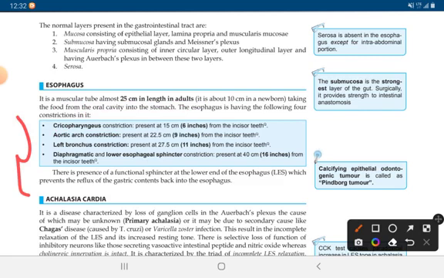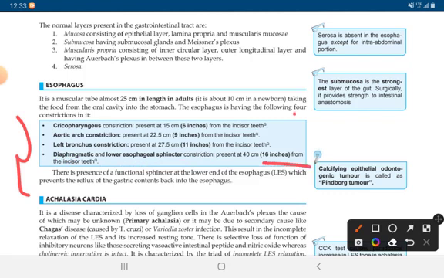The aortic arch constriction is at 9 inches. Then there is the left bronchus constriction at 11 inches. Then there is the diaphragmatic and lower esophageal sphincter constriction at 16 inches from the incisor teeth.